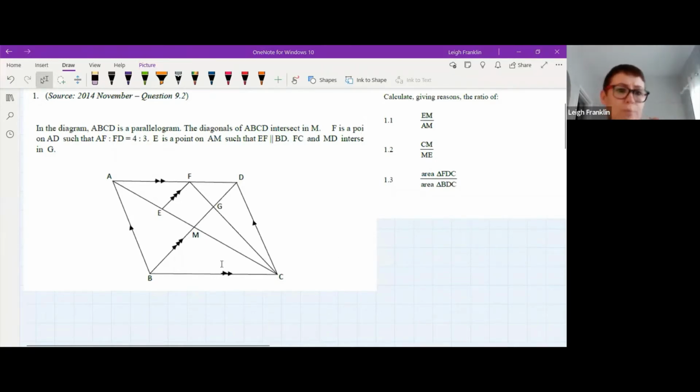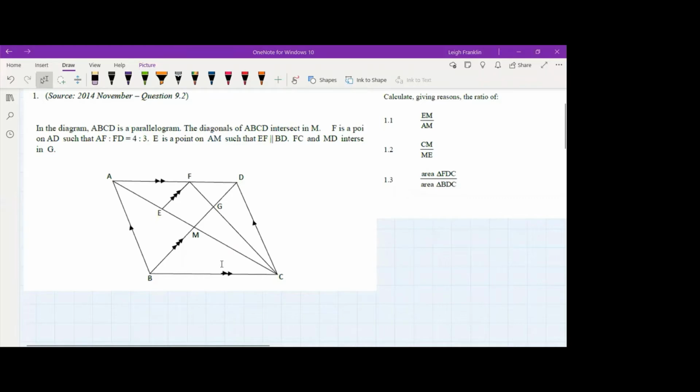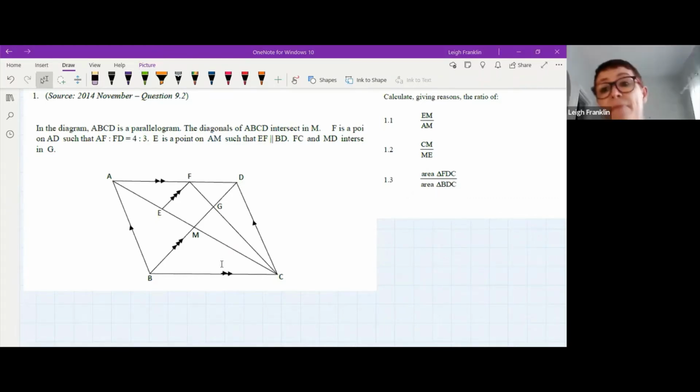So we always start off by reading the information that's been given and then looking at the diagram and then worrying about the questions. This particular question is from one of the end of year papers, a November paper 2014. It says in the diagram ABCD is a parallelogram. The diagonals of ABCD intersect at M, so that's there in the center.